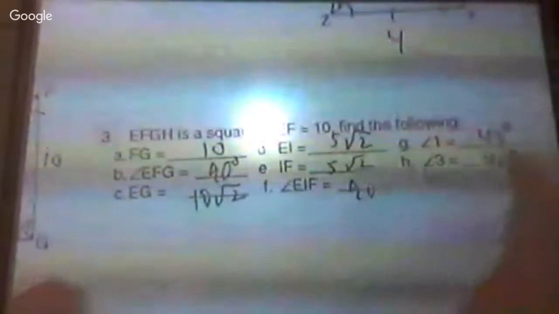Angle 1, well, remember, if this is a rhombus, these are perfect angles. And if the whole thing's 90, then half of it is 45 degrees. Angle 1 is 45 degrees. Angle 3 is 45 degrees. And HF, 10 square root of 2.